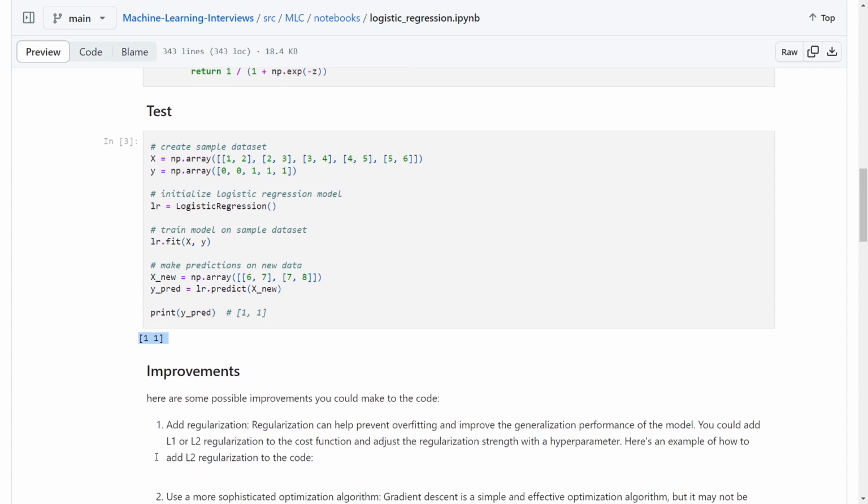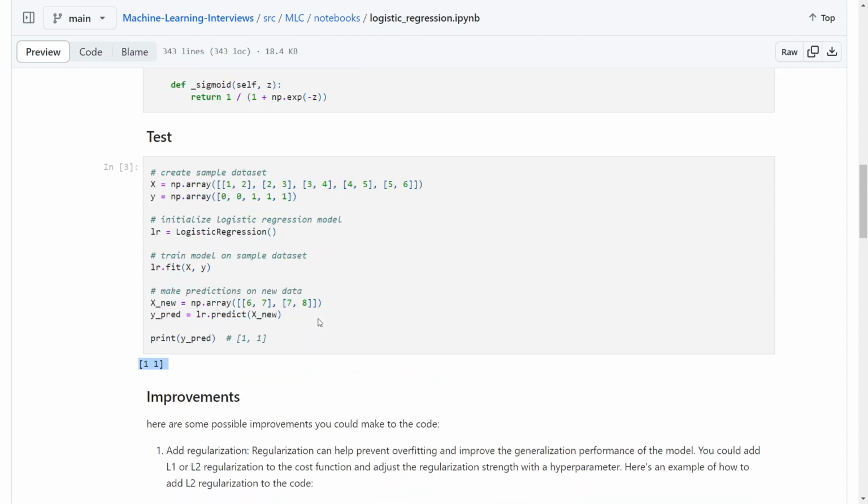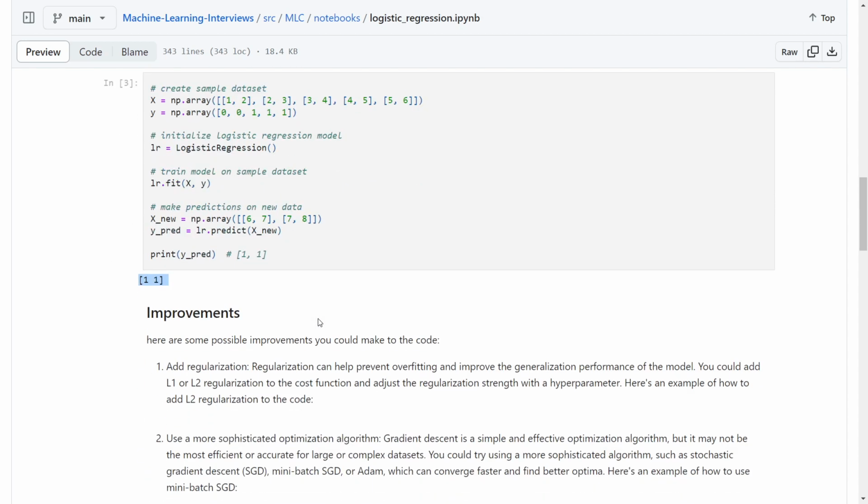So there can be certain improvements in the code that we have written. This particular function is very prone to overfitting based on the number of iterations that we give, and to prevent it from overfitting, we can add a regularization parameter.